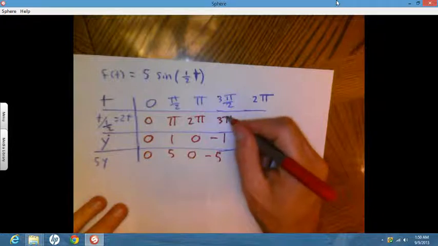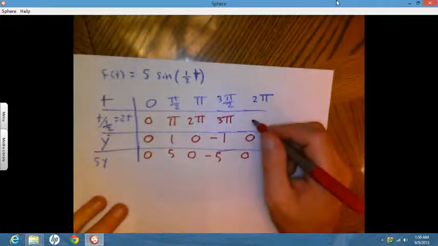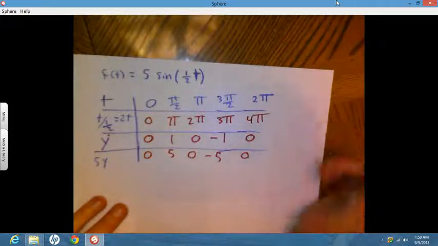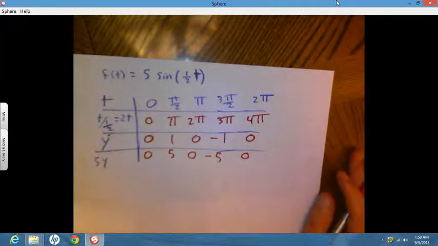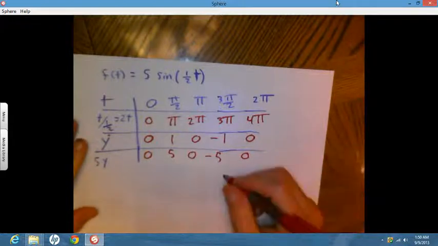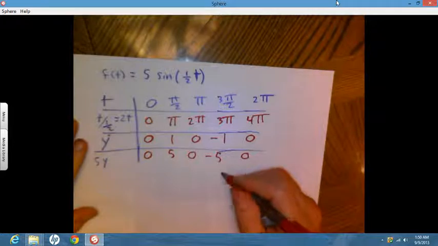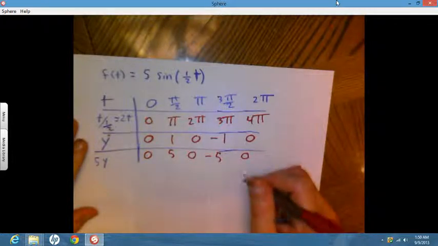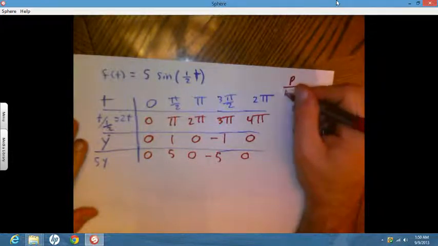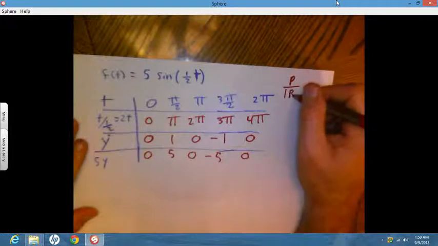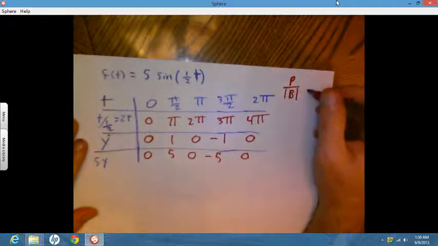Now before I graph it, the period of this new function is always going to be the period of the old function divided by the absolute value of b, right? So in this case, the period was 2 pi for the sine function, and I'm dividing by the absolute value of 1/2, which is going to be equal to 4 pi.